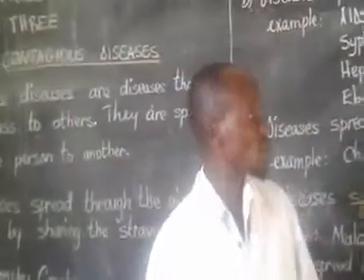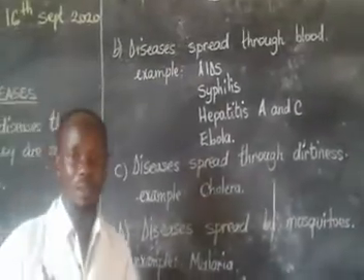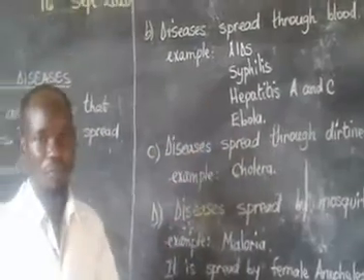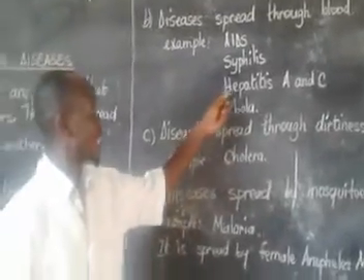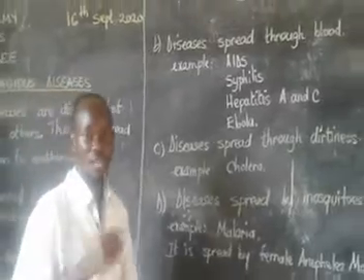Okay? Good. Apart from tuberculosis and cough, which are diseases spread through air, let's talk also about diseases spread through blood. We have AIDS, we have syphilis, we have hepatitis A and C, and we also have Ebola.